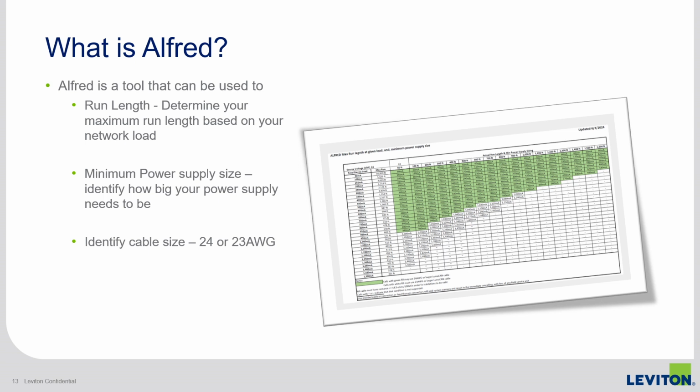And you absolutely can do these calculations on your own separately and work them out. This chart just takes a lot of the work out of it for you. So to help you determine your maximum run length based on your network load, next, the minimum power supply size, and then finally, whether you need 24 or 23 gauge cable. Those are the things Alfred helps you do.